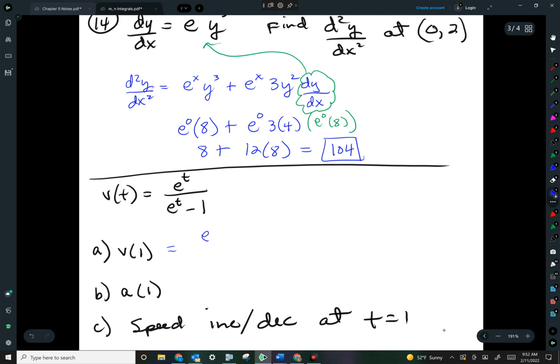Derivative of the top times the bottom minus top times derivative of the bottom, over the bottom squared. Yeah, that's closer. Cool.